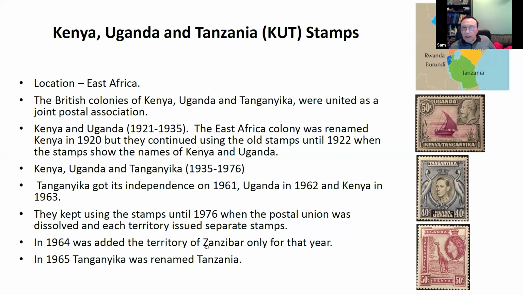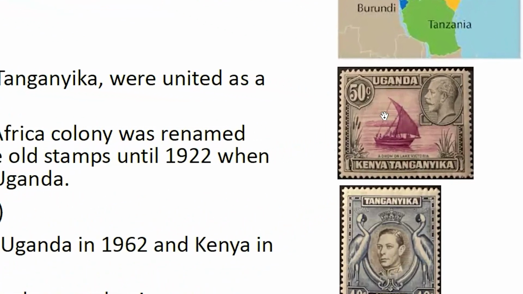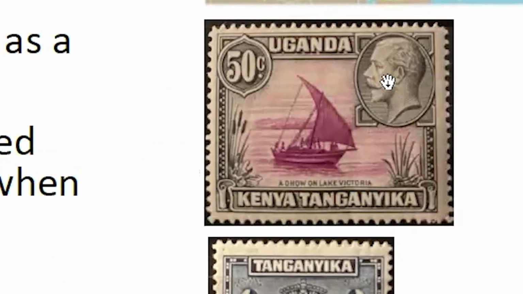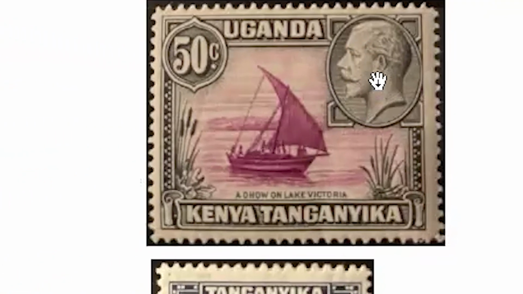Actually, there were four territories showing, Kenya, Uganda, Tanzania, and Zanzibar, because this country only was there for a year. And in 1965, Tanganyika was renamed Tanzania.